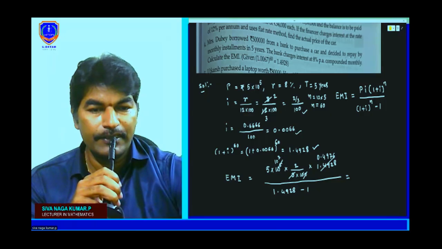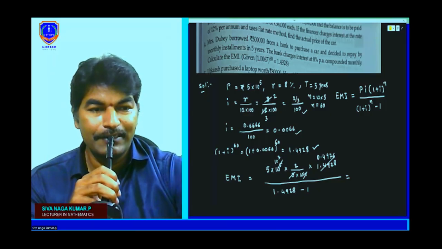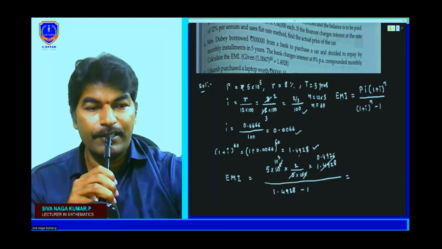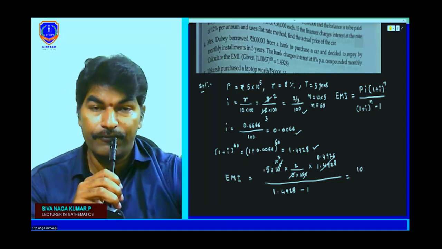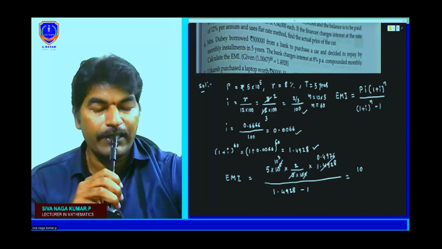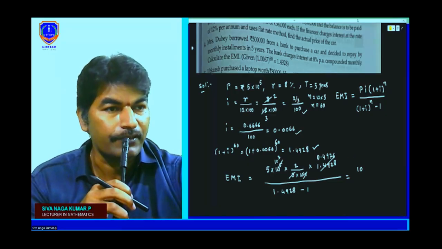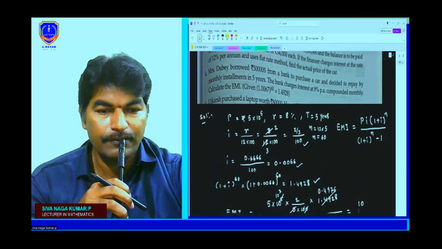And also look at this 5 and 2. 5 and 2 are multiplied together, and that was 10 again. 10 into 10 power 3 is 10 power 4. I will show you a clear picture, if you are unable to see this.